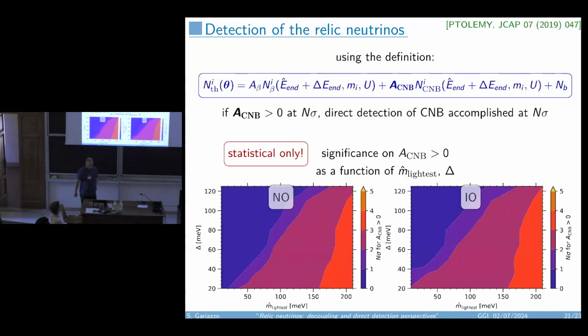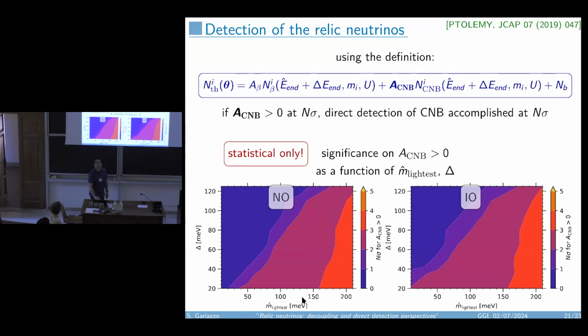If Ptolemy is built successfully, this plot shows the statistical uncertainty we could get about the determination of the existence of relic neutrinos. The blue regions correspond to no detection, so that means if the neutrino mass is very small, for example, and the energy resolution is not so good.